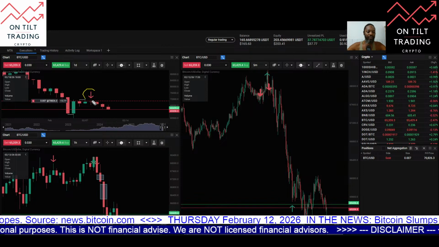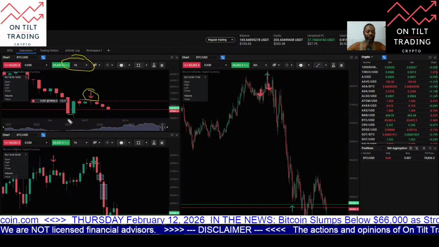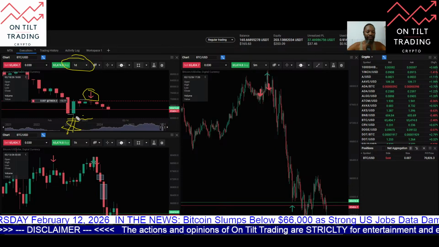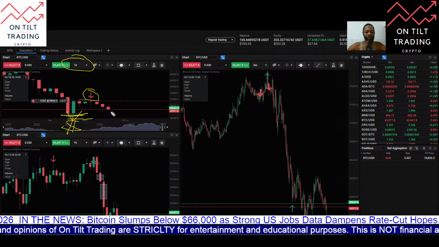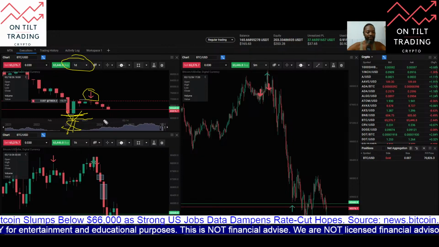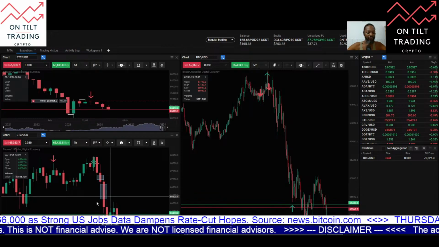So again, on the daily chart, I'm in a longer term trade looking to sweep out the sell side liquidity resting below this swing low right here. So I would anticipate either tomorrow, sometime between Friday and Sunday, for that trade to reach take profit, if at all.